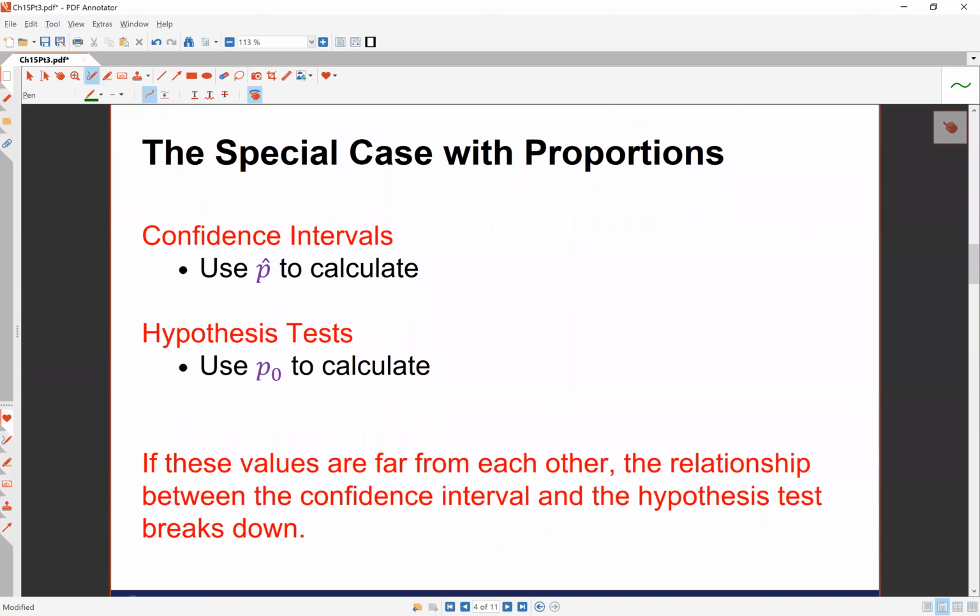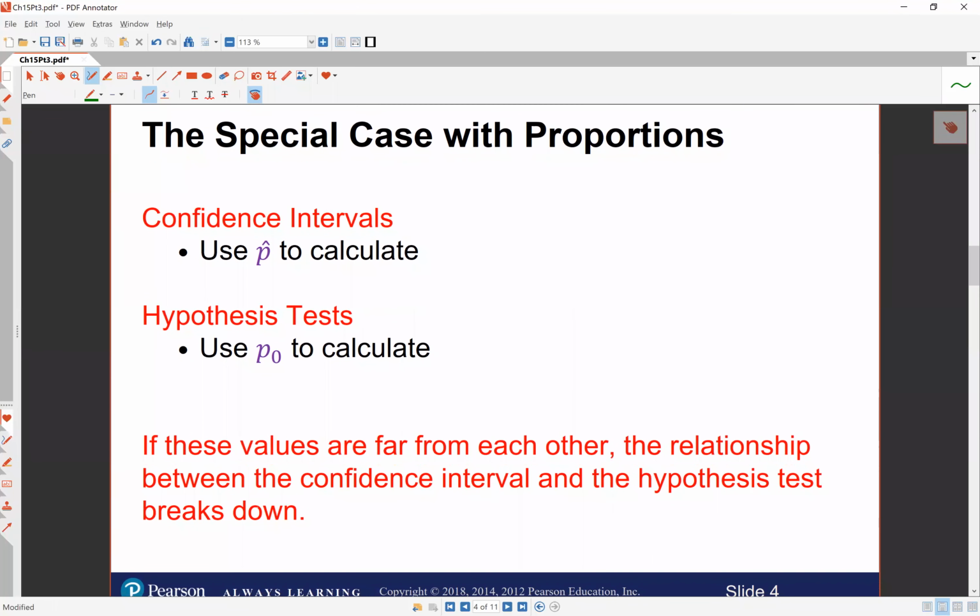The one instance where you have to be very careful is if you're working with proportions. Confidence intervals use p hat, the sample proportion, to calculate the standard error for the confidence interval, and that's given by the square root of p hat q hat over n.